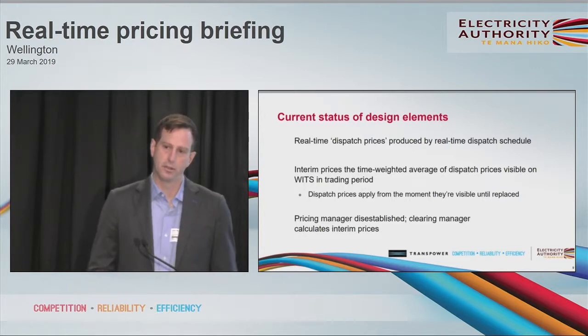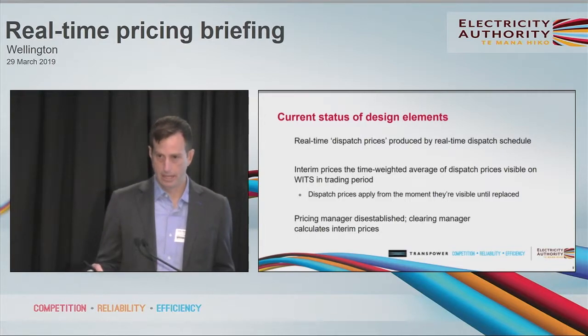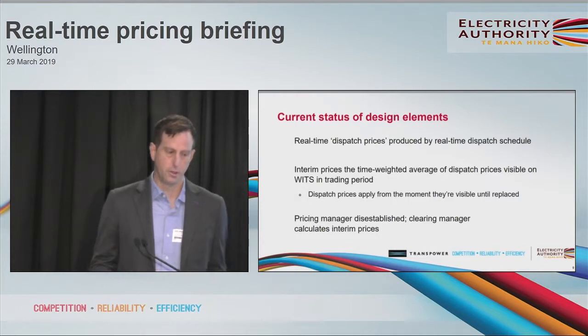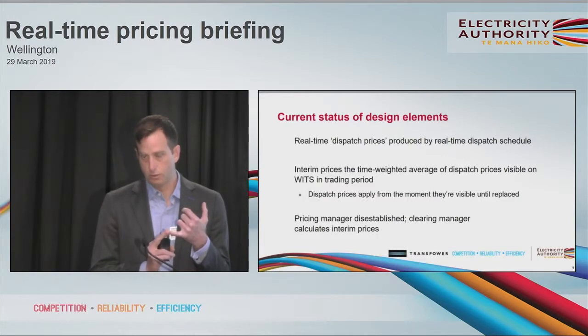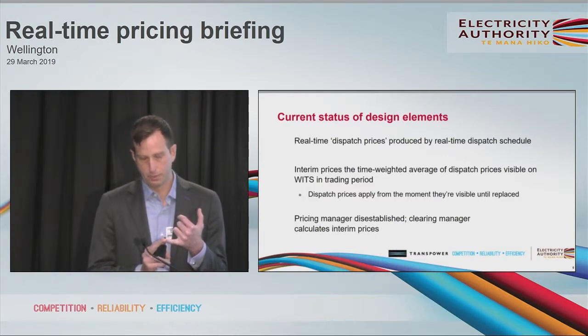And by the same token, we're aware of some of the concerns expressed earlier around market system outages on the system operator side of things. So if there was a WITS outage, the last thing you can see would stand until it's replaced.